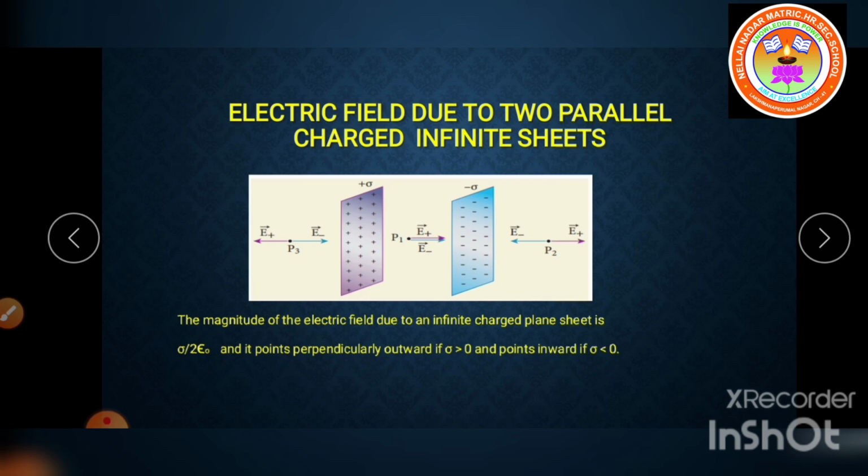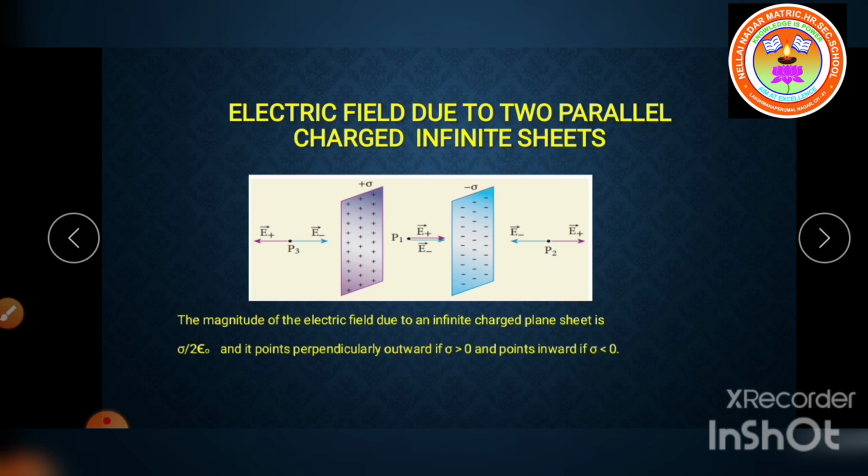So for a single sheet, we know the formula sigma by 2 epsilon naught. Now we want to calculate for the point P1. You already know that when sigma is greater than 0, it is in the outward direction.